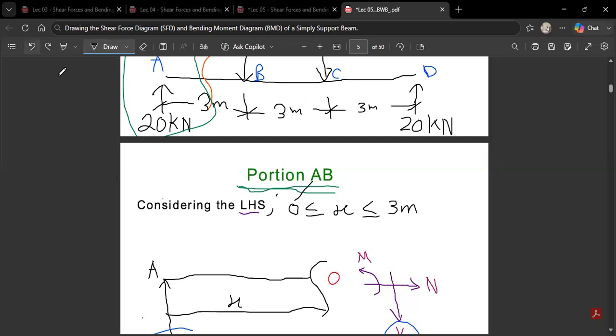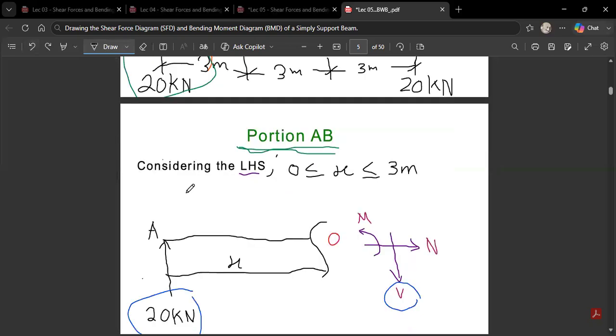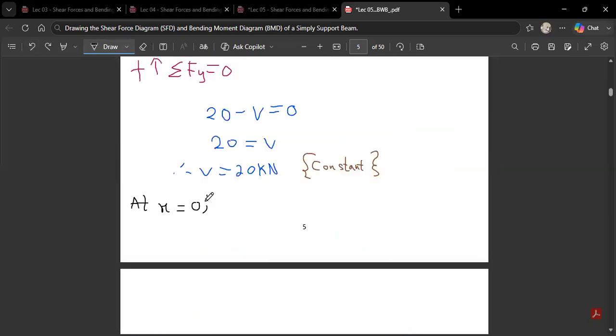So it's not anything difficult. Just look at the procedure. Type your answers in the comment section and I'll review for you. So at x equals 0, your VA is equal to 20 kilonewtons.